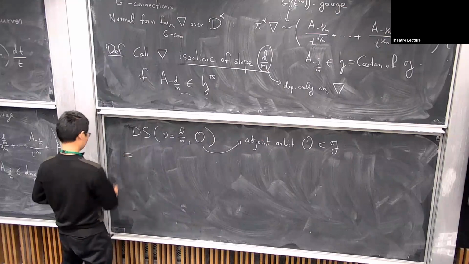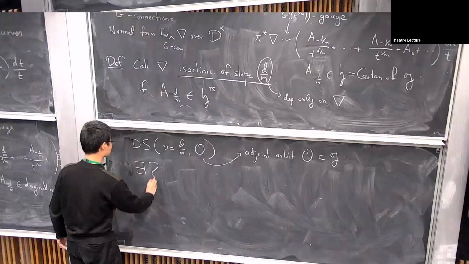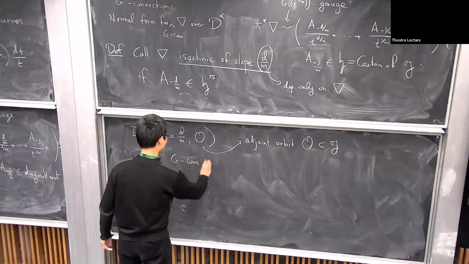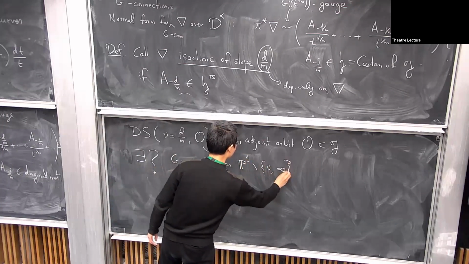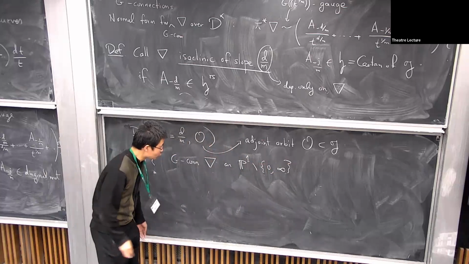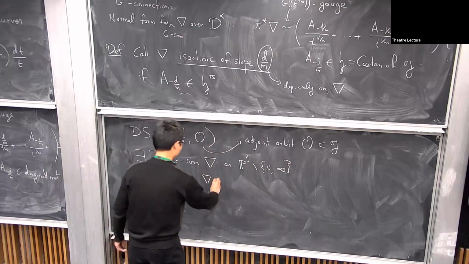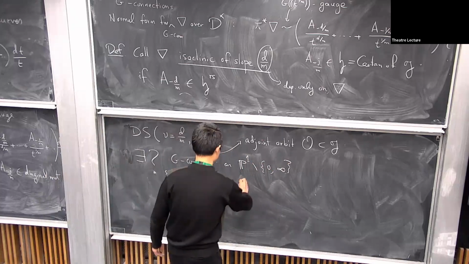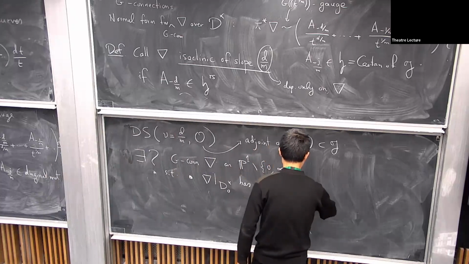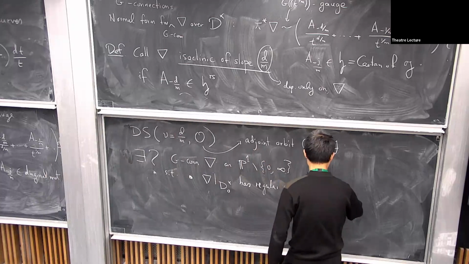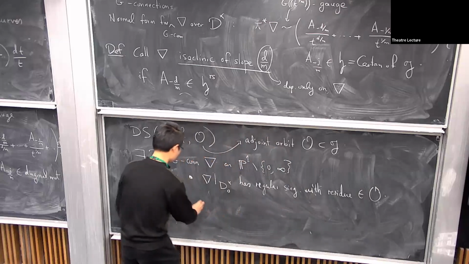So this is the question asking whether there exists a G connection nabla on P1 that's meromorphic. It has poles at two points, but at 0, near the punctured disk at 0, this has a regular singularity with residue in O, the prescribed adjoint orbit.